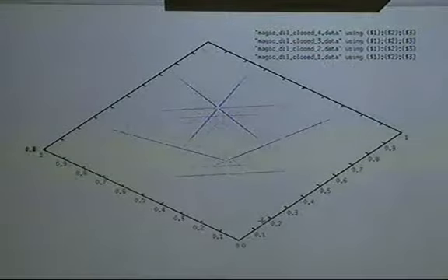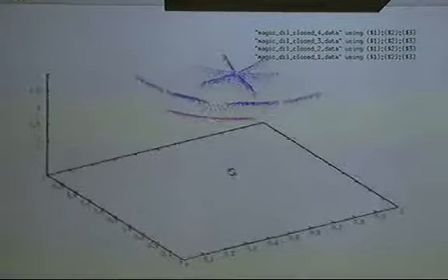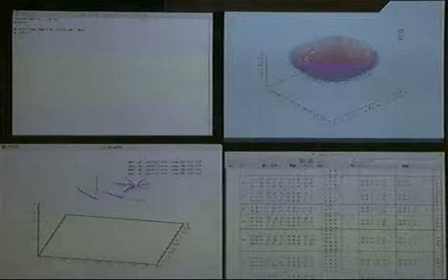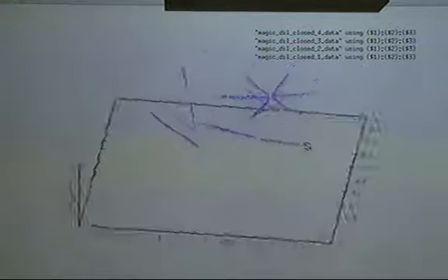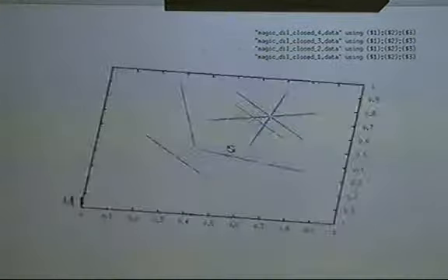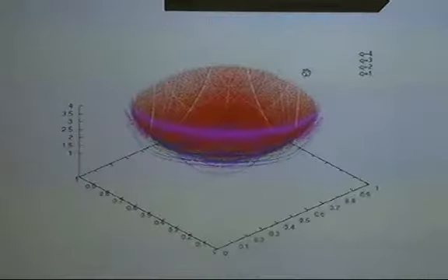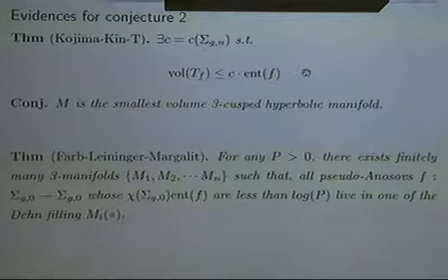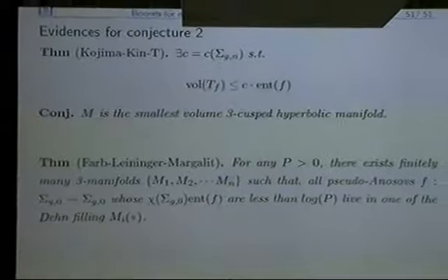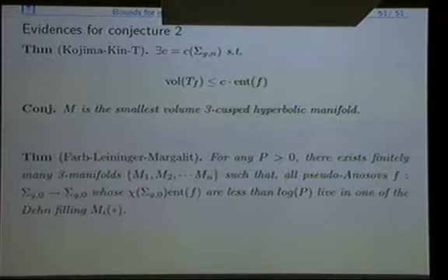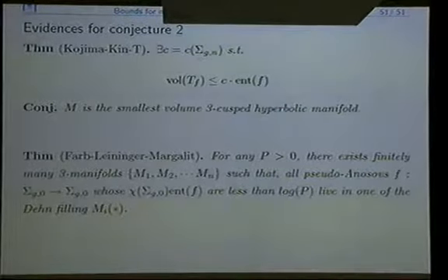And that is the reason for the first conjecture. So we have every small entropy from the magic 3-manifold by our series. Okay, the second conjecture is from this. This is a very strong theorem.